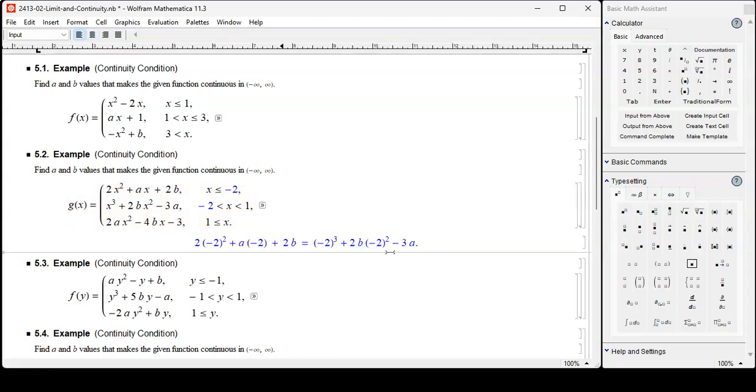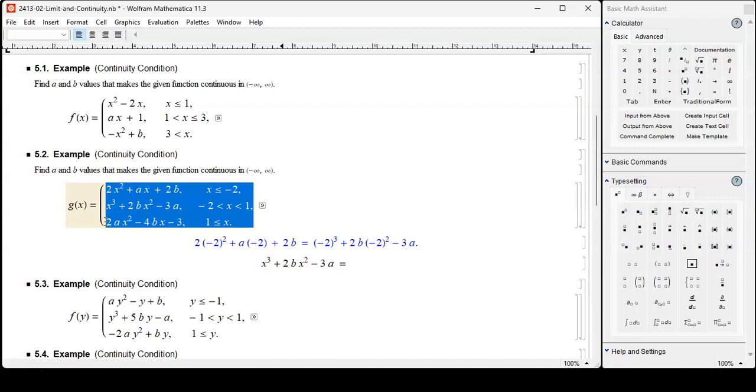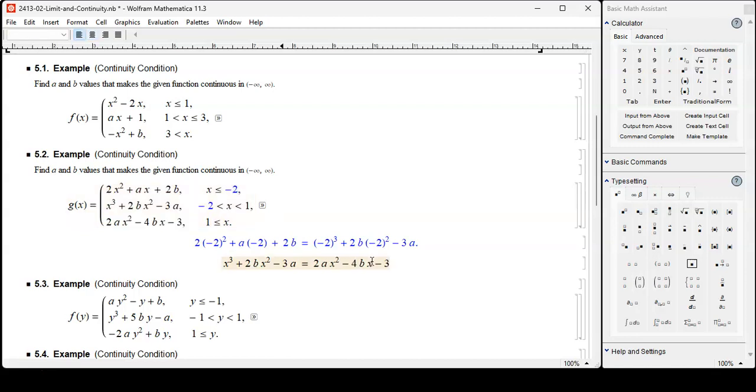And then we can set the second line and the third line equal to each other at x equal to 1, that's common.